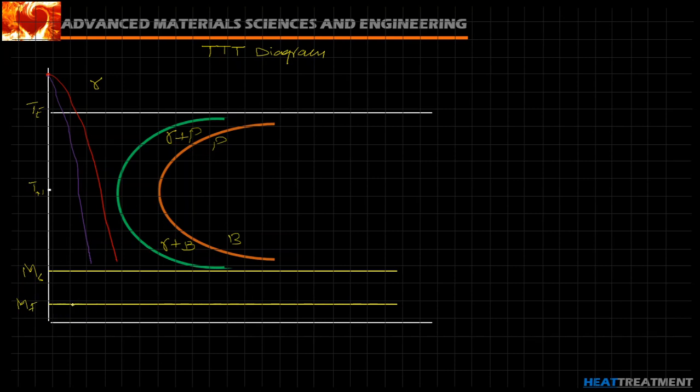Now what is happening here? Instead of further cooling the austenite to transform into martensite, if we hold this temperature instead of lowering it to cross the start of the martensite, and we keep holding this temperature, and the same for the outer layer of the component, that is held at the very same temperature for some time.